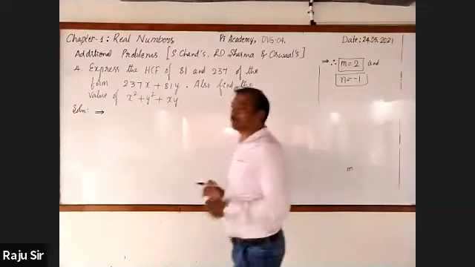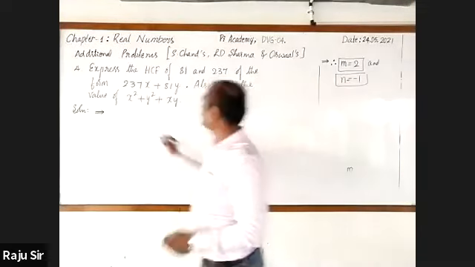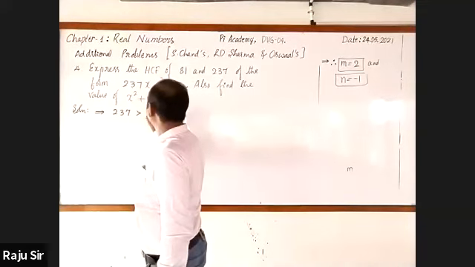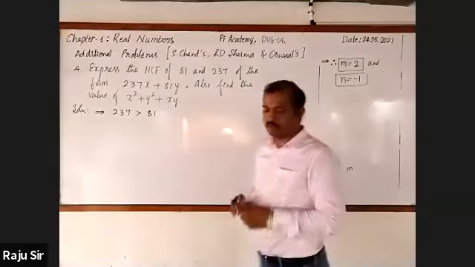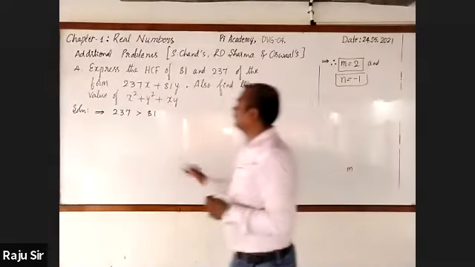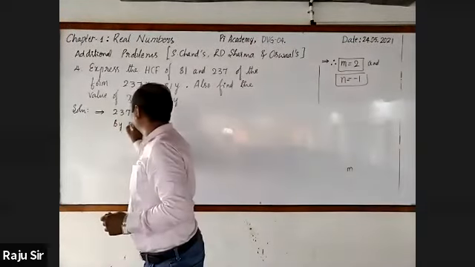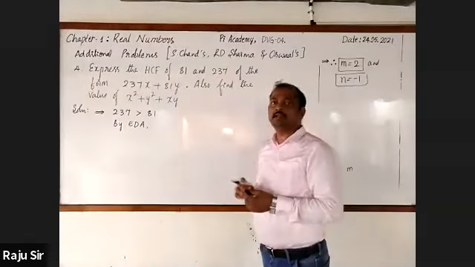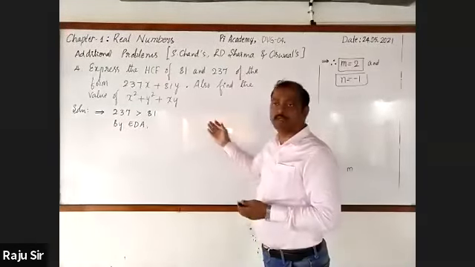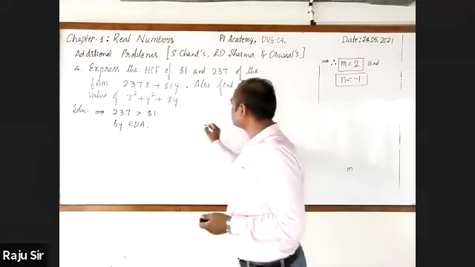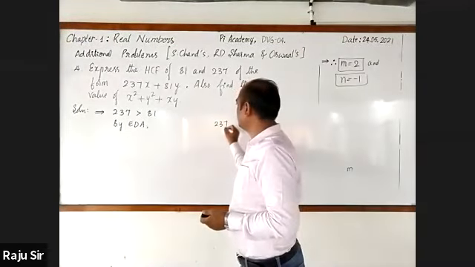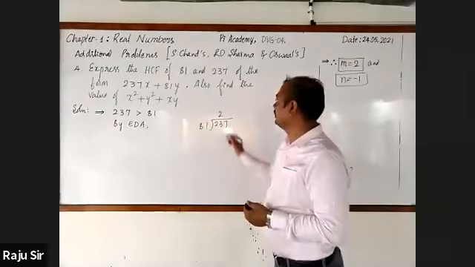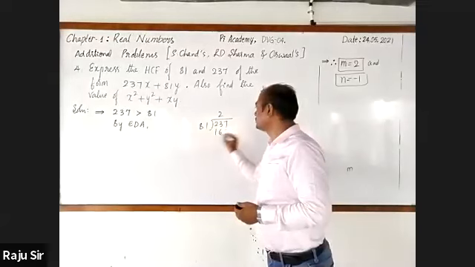Solution. The given two numbers are 237 and 81. 237 is greater than 81. You know, by Euclid's division algorithm, you may write it directly, or else you may go for dividing. 237 divided by 81, it will be 2. 81 2s are 162.